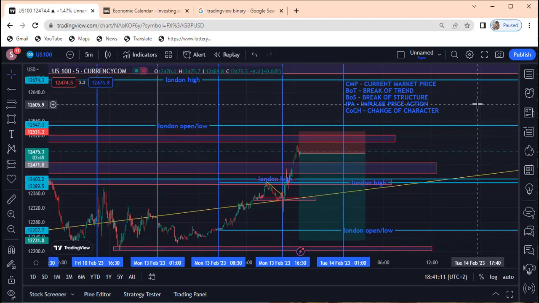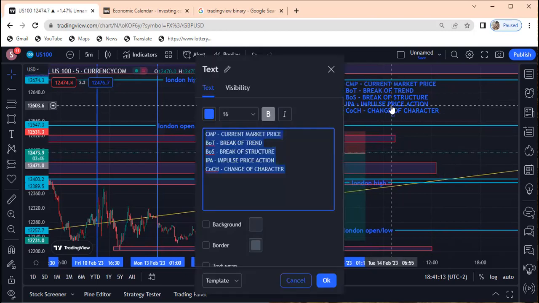There's something which is called pips as well. Pips is basically a measuring instrument, a way for traders to measure point A to point B, in simple terms.